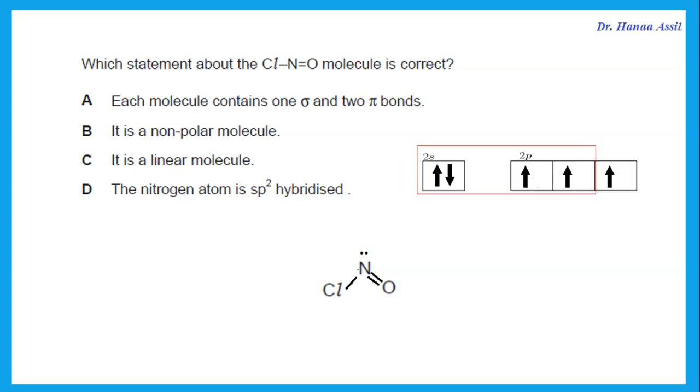Yes, we said the nitrogen, we're going to take 2 electrons in the 2s, that is the lone pair on the nitrogen, and we're going to use 2 of the 2p's to make the 2 sigma bonds, and I still have 1 p orbital left to make the pi bond between the N and the O. So actually the hybridization of nitrogen in this molecule is sp2.